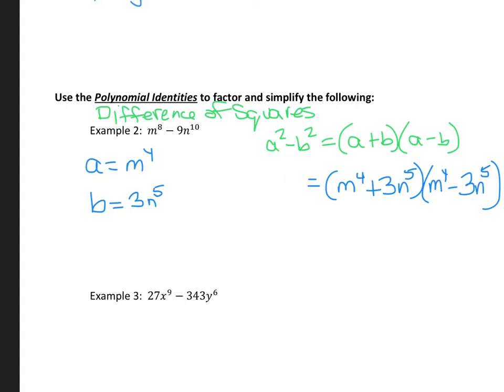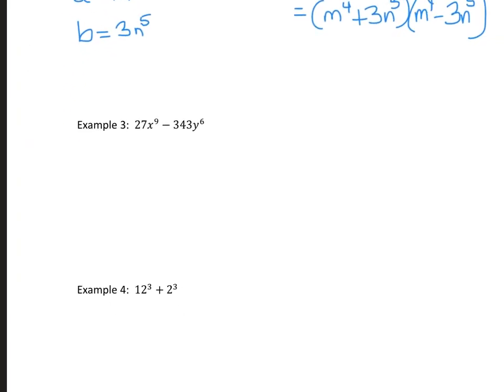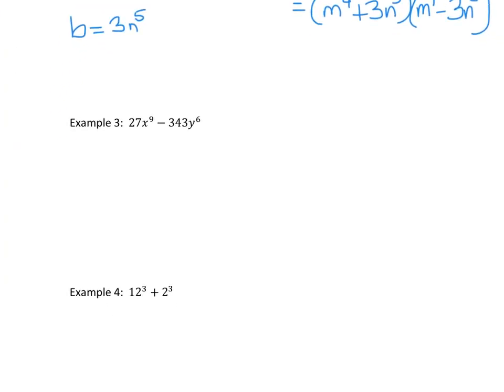All right, next example. We've got 27 x to the 9th minus 343 y to the 6th. I see the difference, meaning subtraction, and I see perfect cubes. So we have difference of cubes.